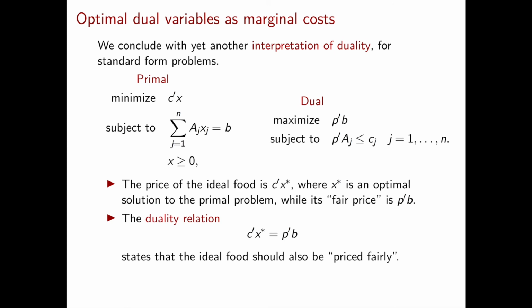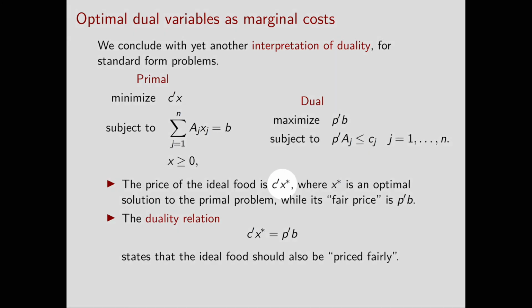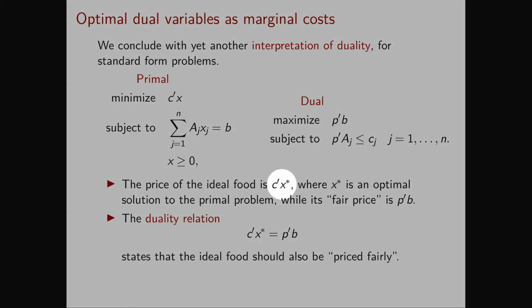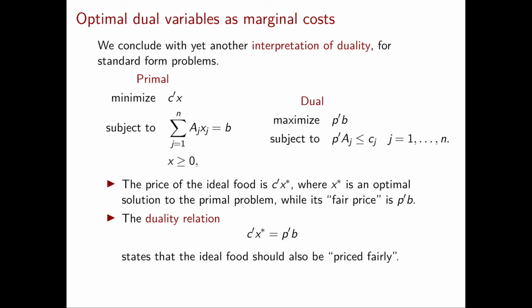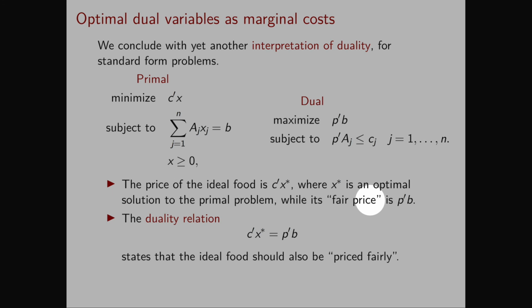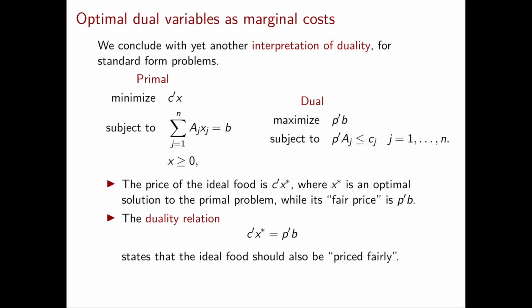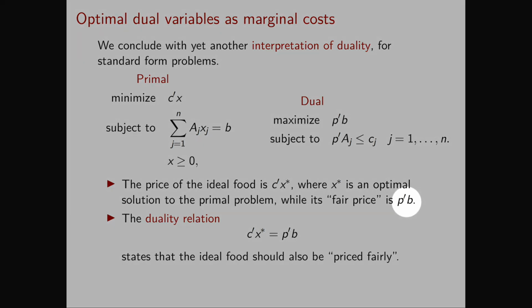Finally, we can look at the price of the ideal food. This is simply c transpose X star, where X star is an optimal solution to the primal. Also in this case, we can calculate its fair price, which is simply the sum of the fair prices of the nutrients that it contains. So it is p transpose b.